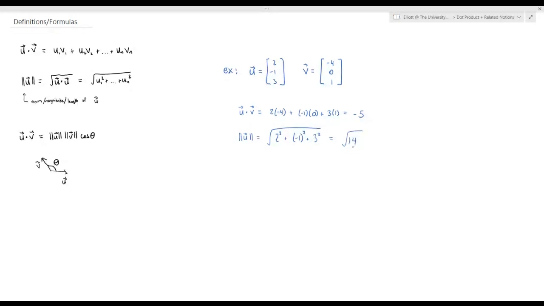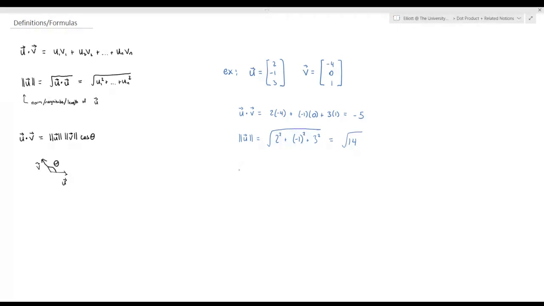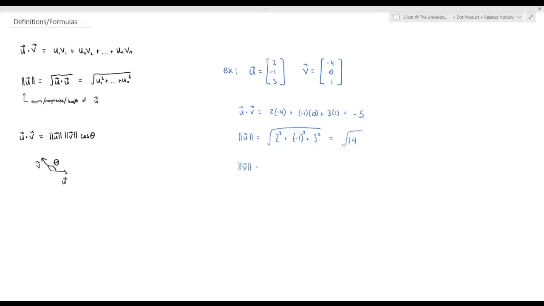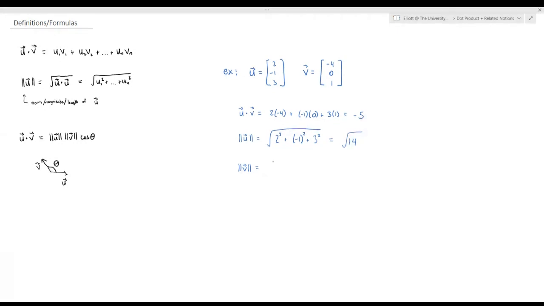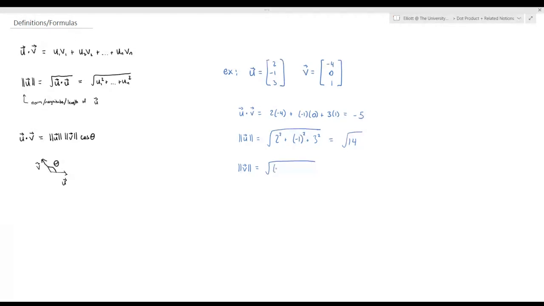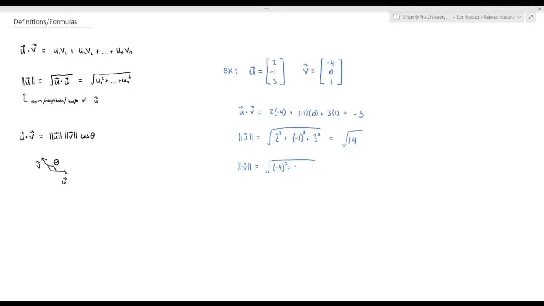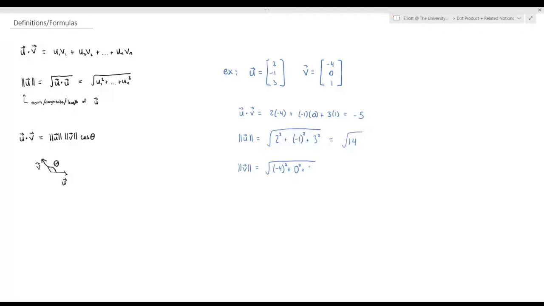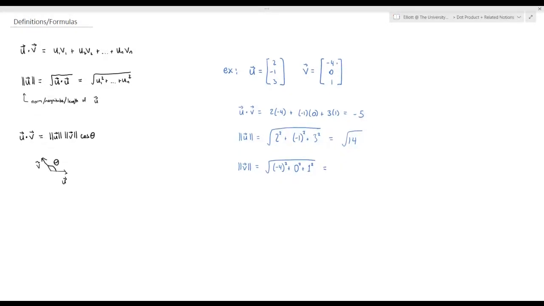So the magnitude or the norm of u would be the square root of 14. Let me just calculate the norm of v real quick. Similarly, the norm of v would be the square root of -4 squared plus 0 squared plus 1 squared. That would be the square root of 17, okay?